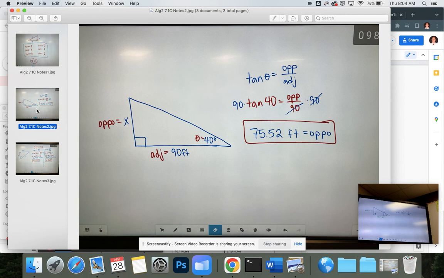So let's get x by itself by multiplying 90 on both sides. And on your calculator, what is 90 times tangent of 40? 75.52. Yep, 75.52 feet. And that's all that this question is asking.